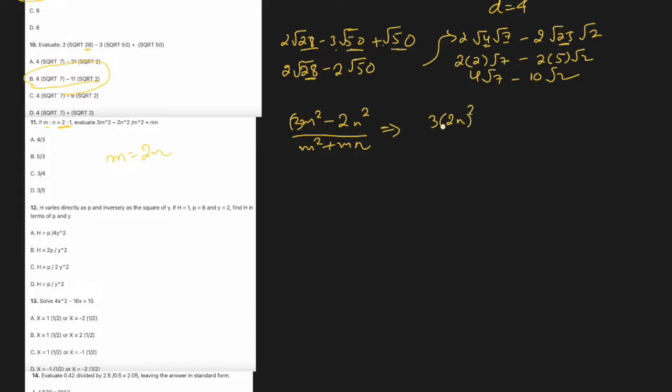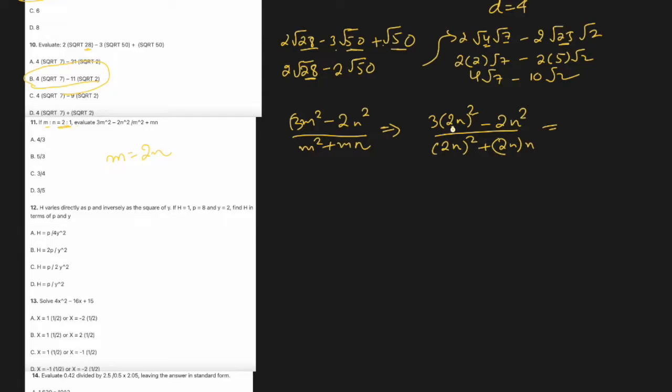So we'll substitute m by 2n. I put a bracket here because this square applies to 2 as well. Minus 2n square over 2n square plus 2n times n.